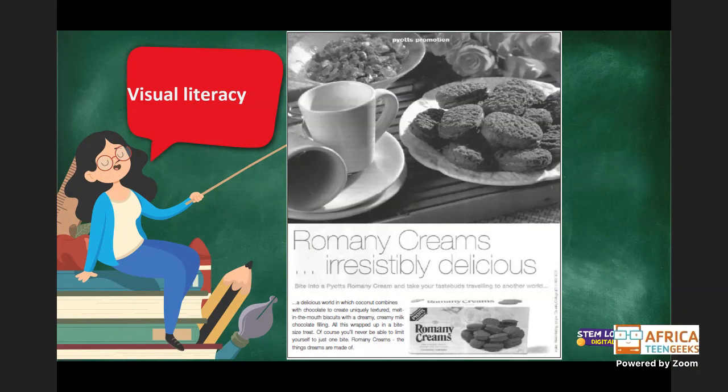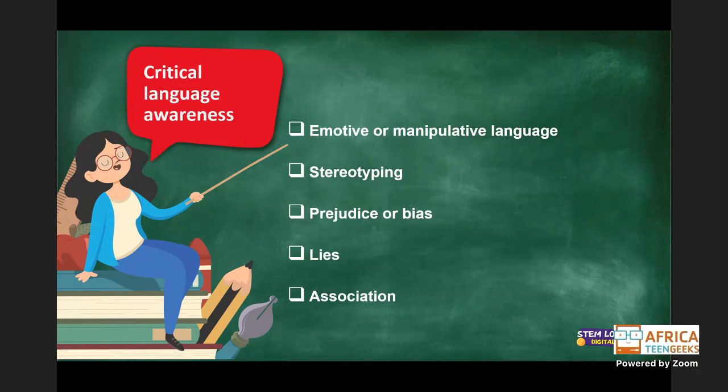And in order to answer questions that are based on advertisements or cartoons, you'll need to be visually literate because advertisements and cartoons include both words and images, okay? So those would be in the form of drawings or photographs, okay?